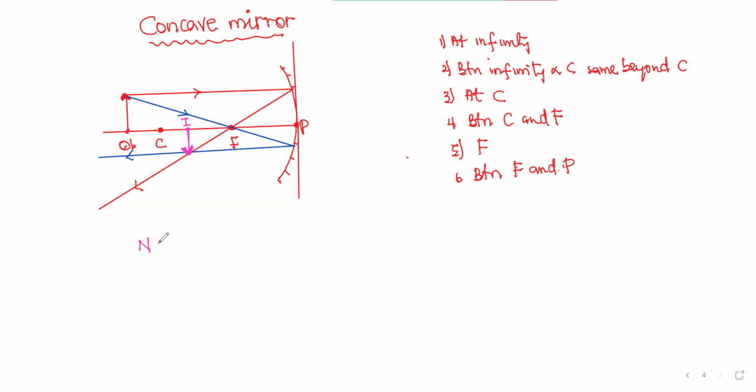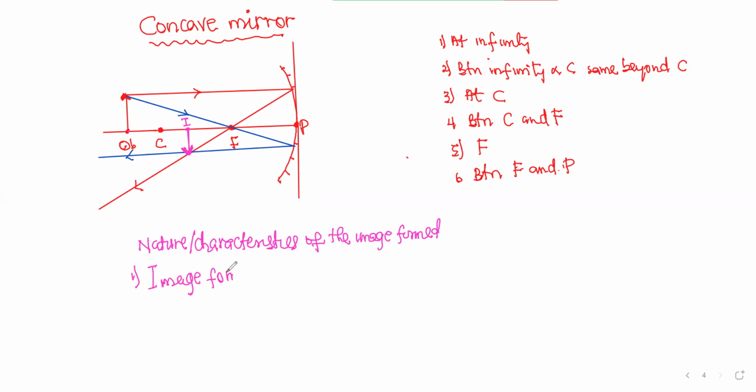So nature or characteristics of the image formed. 1, because the image is formed in front of the mirror, I can say that the image is real. So image formed is real.